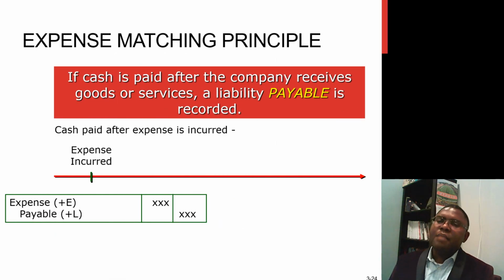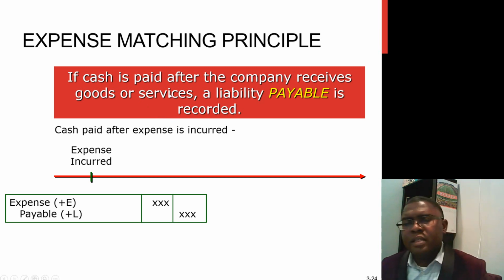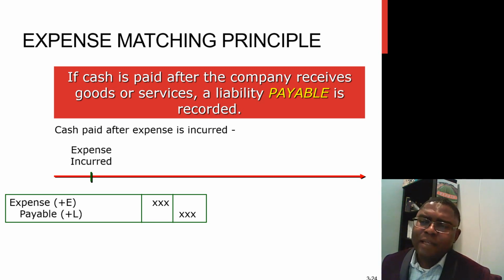All right, the next example is if cash is paid after the company receives goods or services. The company receives goods or services, but there is a promise to make payment later on. So that is a liability, and those kinds of liabilities are called payables. The company received these goods and services and made a promise to pay later on.